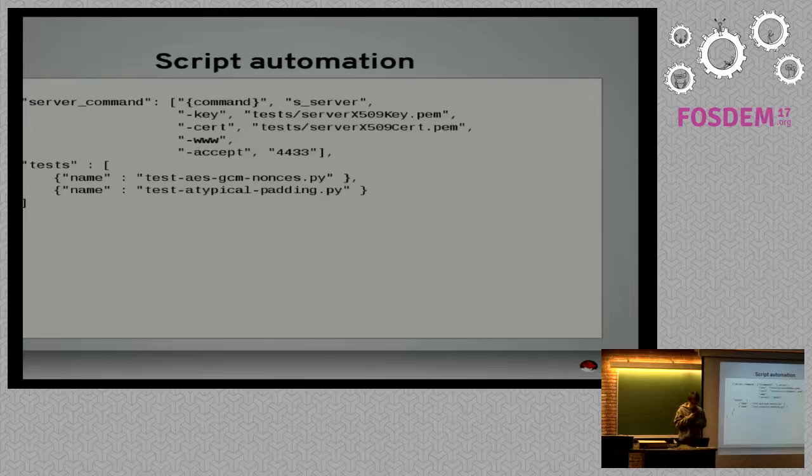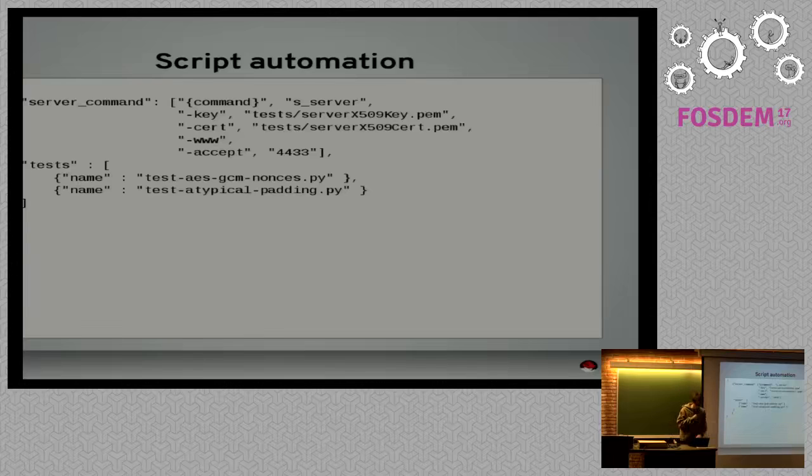You can also exclude some test cases. You can tell it that for that version of OpenSSL, let's say, the test script should fail and stuff like that, so you can make sure that you don't have false positives and false negatives while running it.